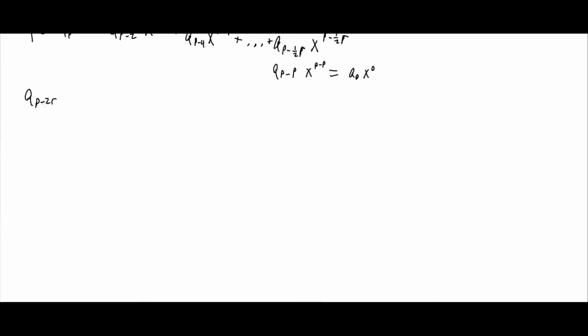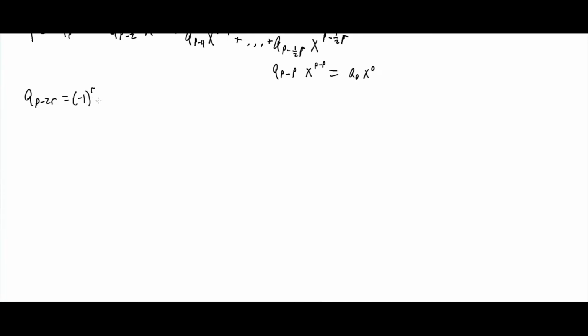But anyway, our a sub p minus 2r is going to be equal to minus 1 to the r power. So once again, that's just alternating minus and plus.